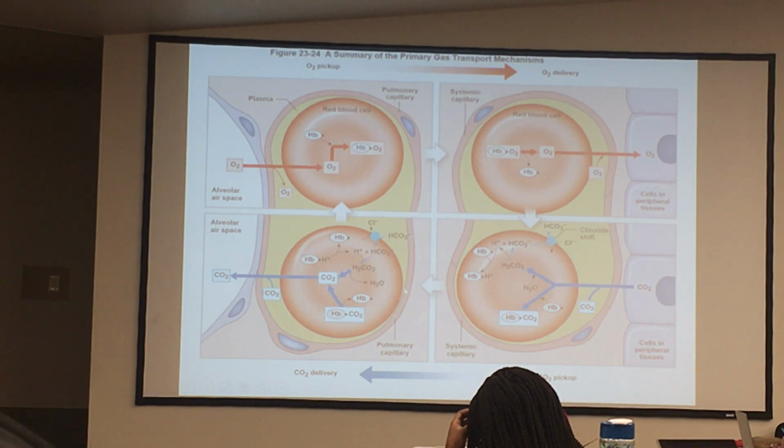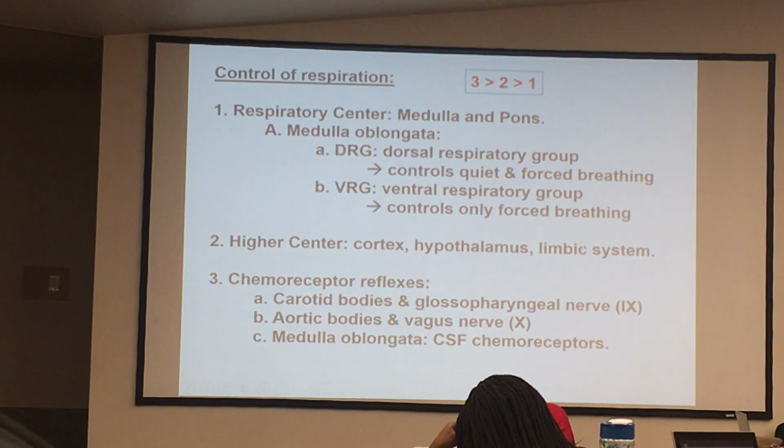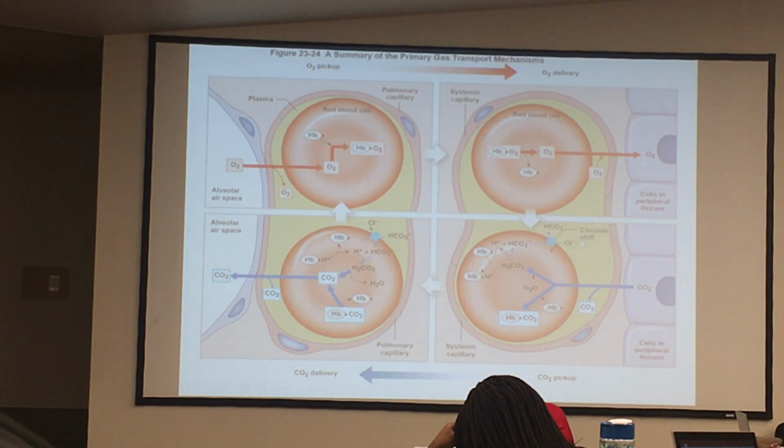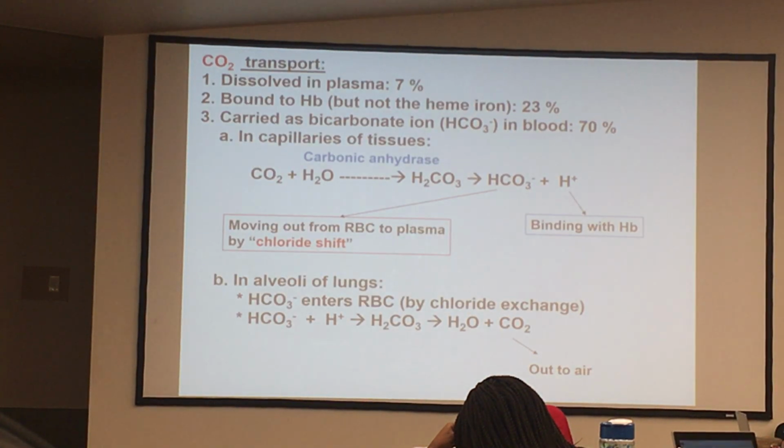When they go to the lung, the bicarbonate ion moves in, chloride moves out, just reversed, and then becomes carbonic acid and becomes CO2, and then the CO2 goes out through the trachea. Okay, so CO2 from tissue mainly goes to bicarbonate ion. All right, and so we'll go back to this slide.